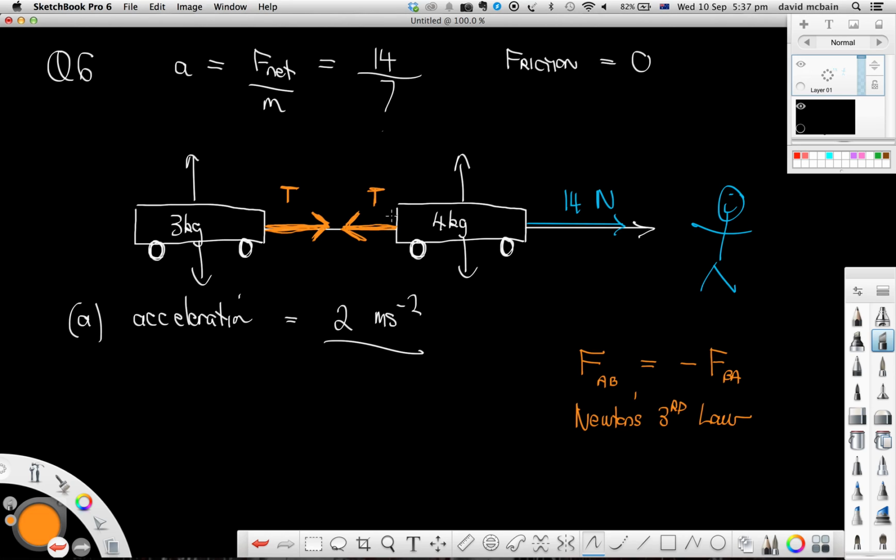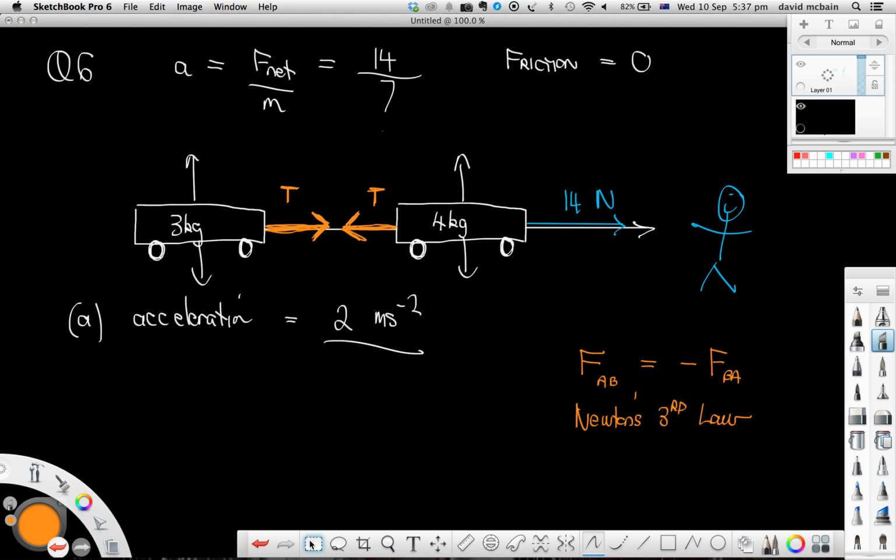So those two forces are equal and opposite. They are examples of Newton's third law. Remember, we said the normal force is not, but here is an example of Newton's third law in action. So how can we use that to work out the tension force?